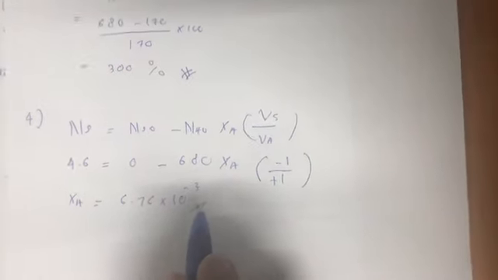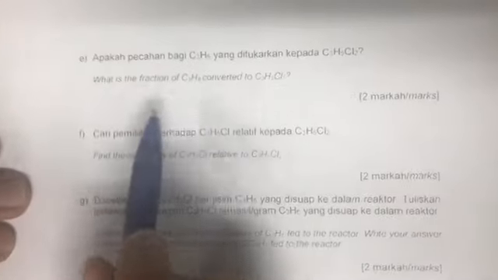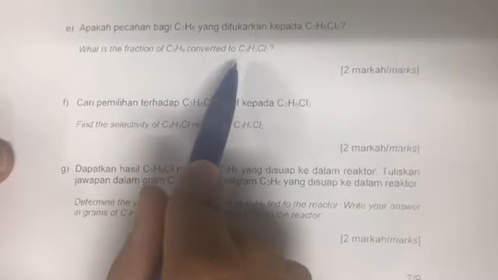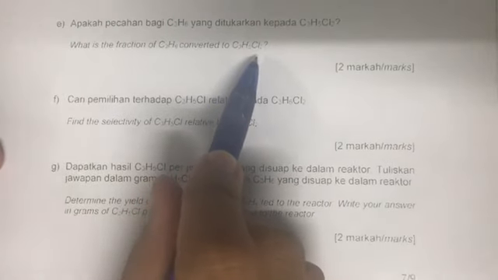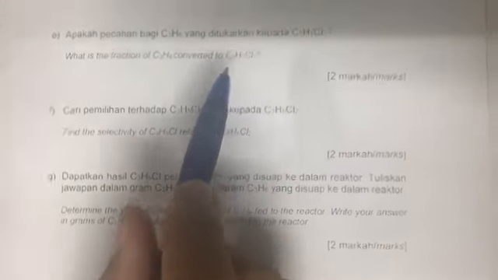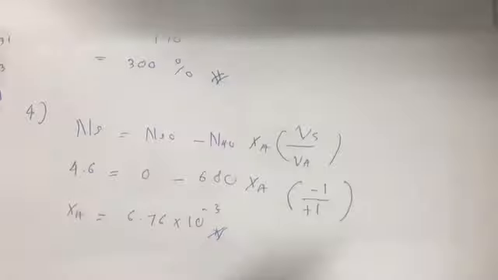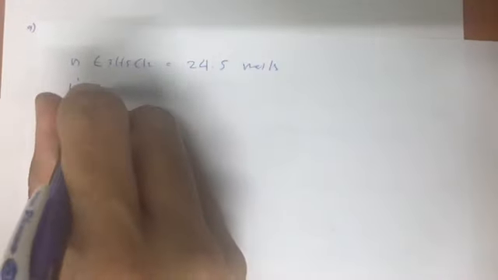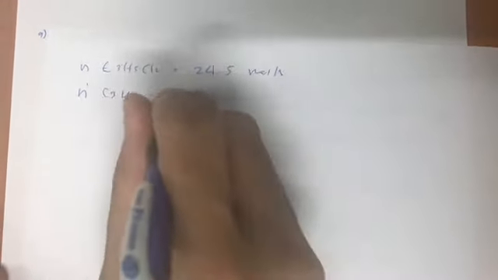So next question. What is the fraction of C3H6 converted to C3H5Cl2? The mole of C3H5Cl2 is equal to 22.5 mole per hour, and the mole of C3H6 is equal to 680.